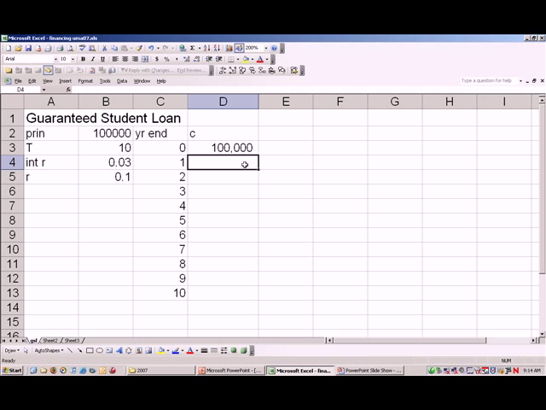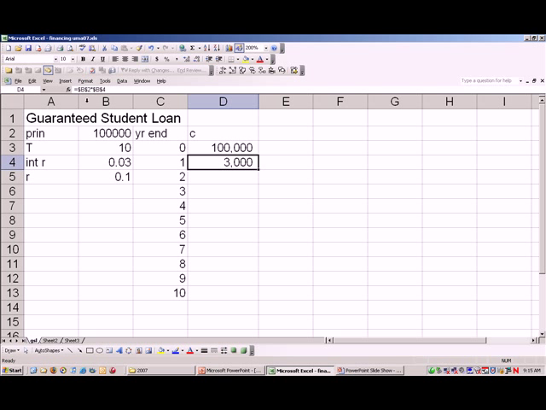So let's set up an equation for the interest in year 1. It's going to be equal to the loan principal, I'm going to lock that cell reference, times the interest rate. I'm going to lock that cell reference, and we have our first year interest expense.